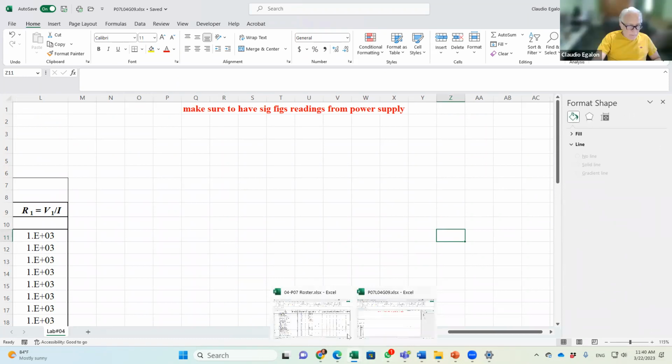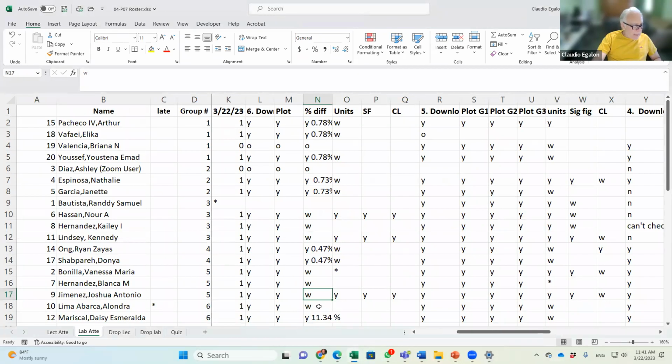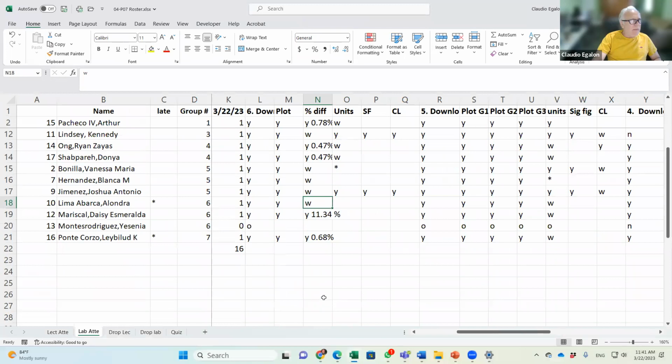And now I'll get back to you. And what about Alondra? Did you get the percentage difference, Alondra? Working on the units, got 1.35% as well. Okay, Alondra, you're working on the units.